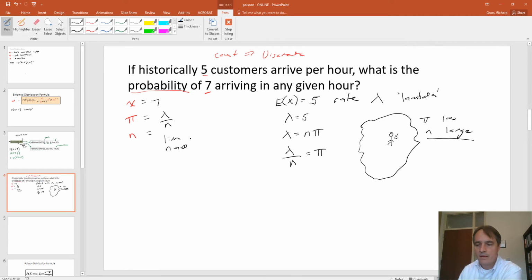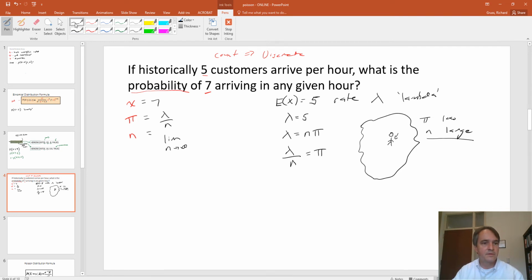Okay? So in that case, we can now plug these things into the binomial PMF and see what happens.